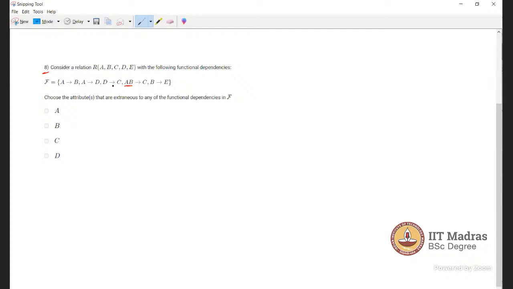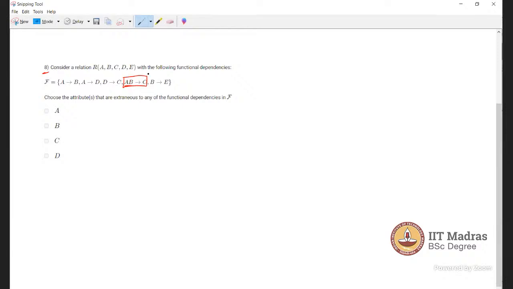Nice. So we have to check whether there is any extraneous attribute present on the left hand side or right hand side. Sir, I think we remove an attribute and check the closure. If we get the original relation, then it is an extraneous attribute.